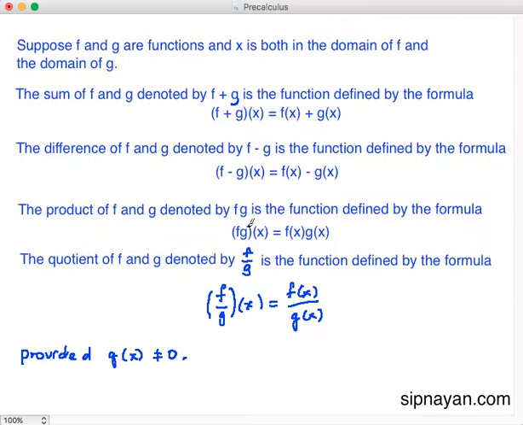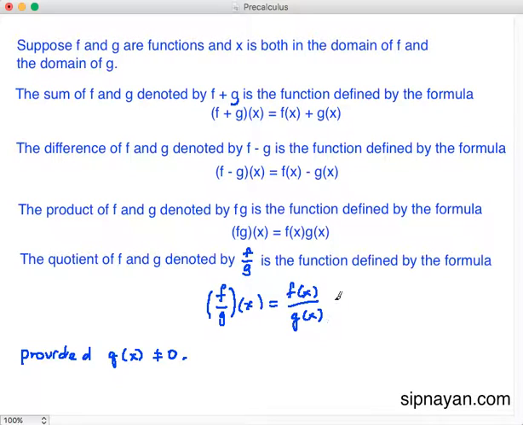And, of course, the product of f and g is denoted by fg of x equals f of x times g of x. So you get the y value and then you multiply. And then the quotient of f and g denoted by f over g is a function defined by the formula.